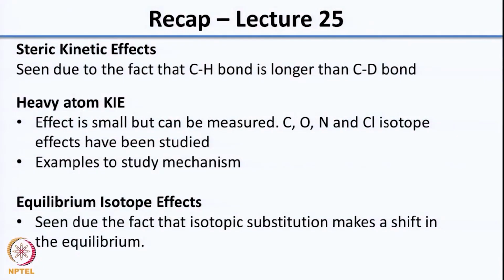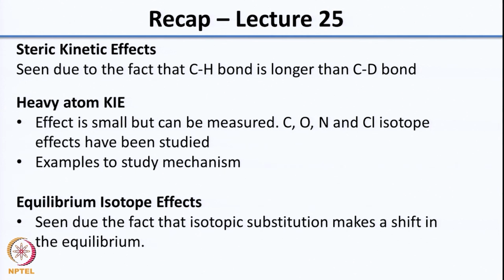So, welcome back. In the last class we had looked at steric kinetic effects and these were seen because the CH bond is longer than the CD bond. We had also looked at heavy atom kinetic isotope effect and I had told you that these effects are very small because the reduced mass difference when you substitute with the heavier isotope is very little compared to substitution of hydrogen with deuterium.